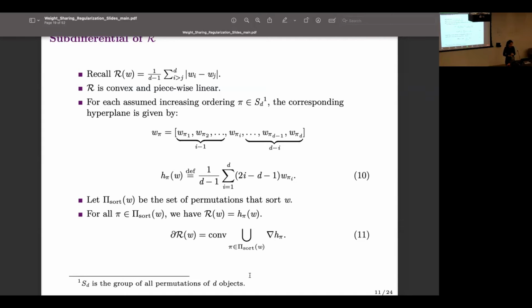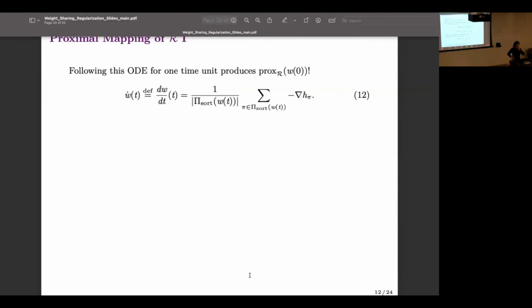So here we got the subdifferential. We found out how to evaluate R and how to get the subdifferential of R. But we want to get the prox. That's our goal, and we should not forget it. The way we compute the prox is a non-conventional way of doing it, but it's cute and kind of creative.